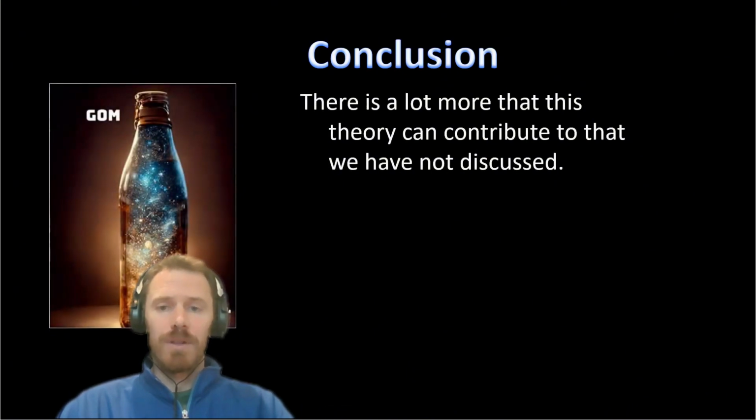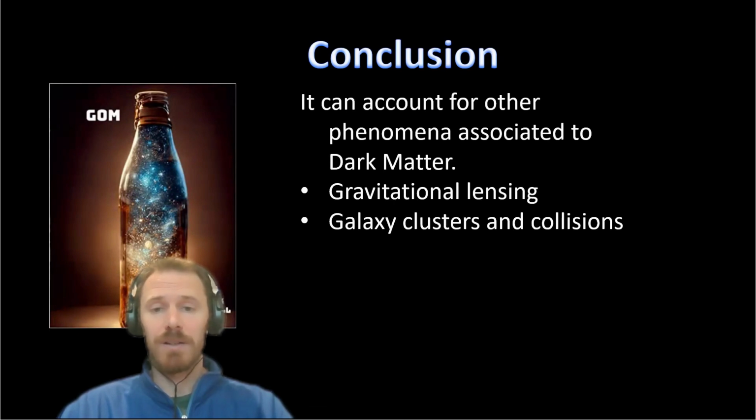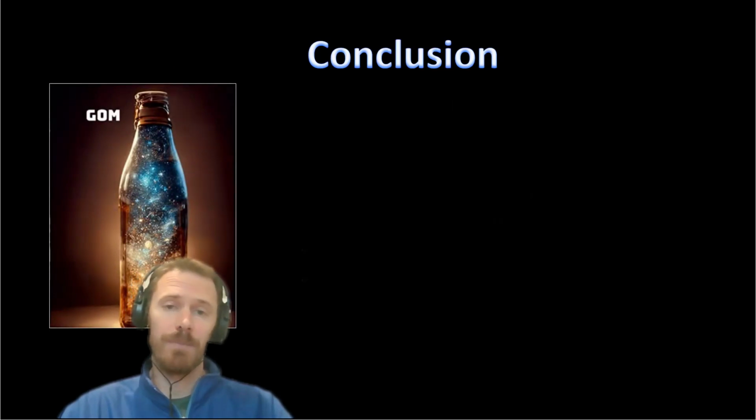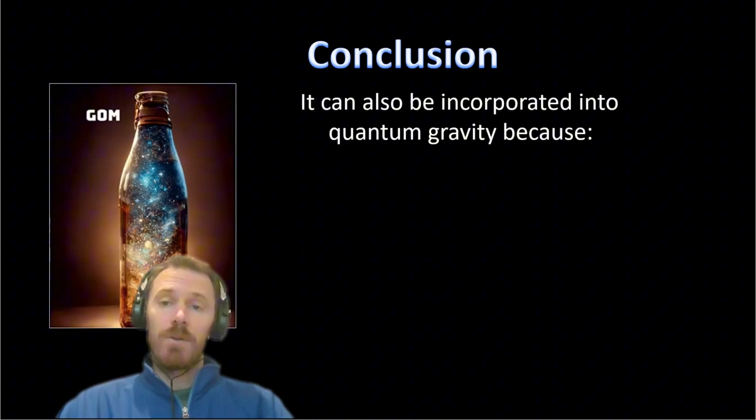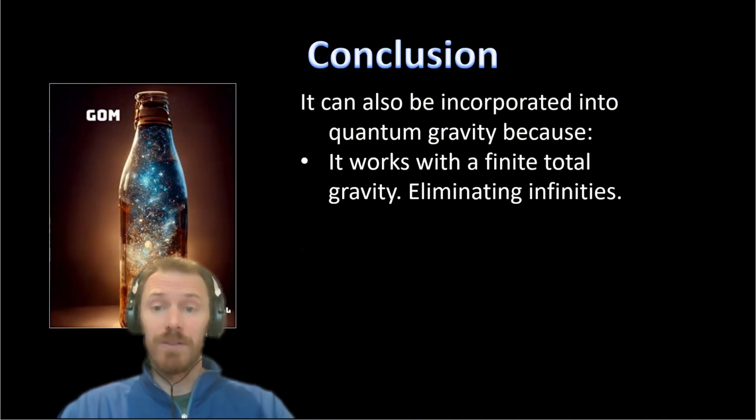There's also a lot more that this theory can contribute to that we have not discussed today. Some examples of this include other phenomena associated with dark matter, such as gravitational lensing, galaxy clusters and collisions, cosmic microwave background radiation, and the cosmic web. It can also be incorporated into quantum gravity because it works with a finite total gravity, eliminating infinities.